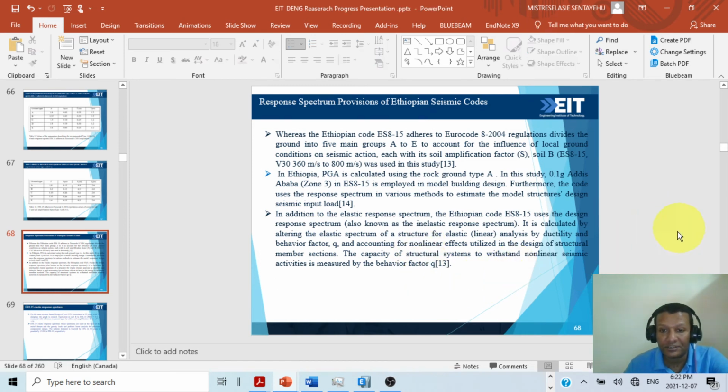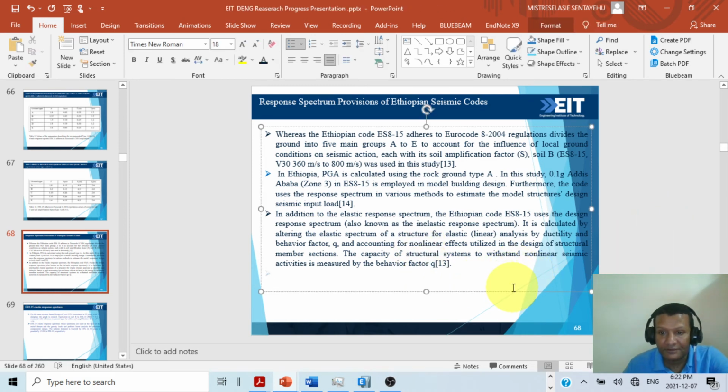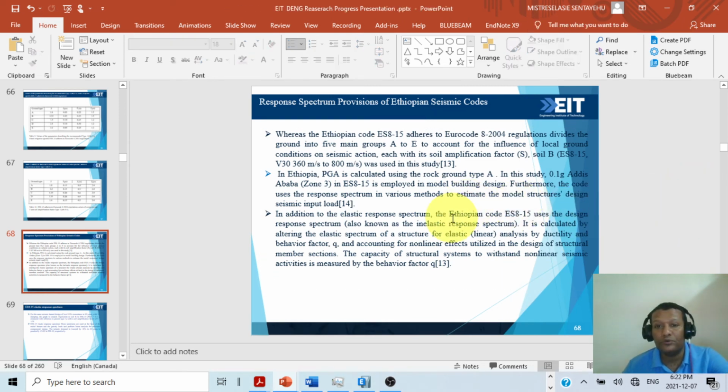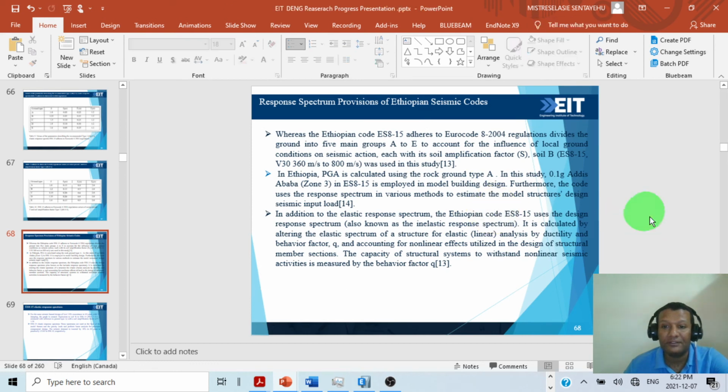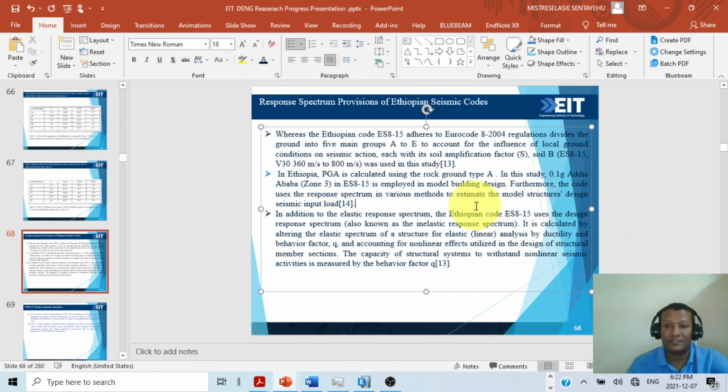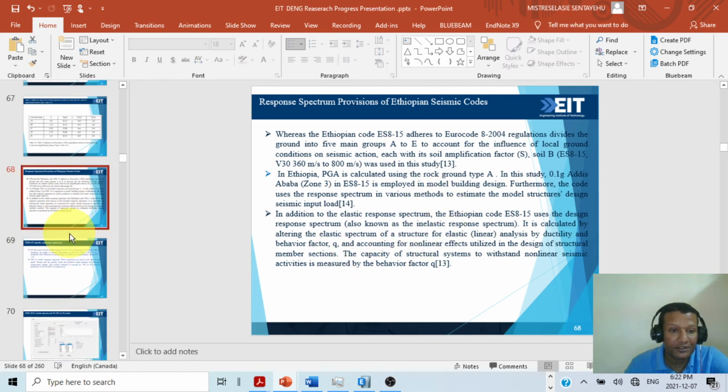The capacity of a structural system to withstand nonlinear seismic activity is measured by the behavioral factor. This one also I tried to show you in the mathematical formulation of single degree of freedom and multiple degree of freedom systems. We saw what response spectrum, what R factor is, Cd factor is, omega factor, and everything was discussed there.